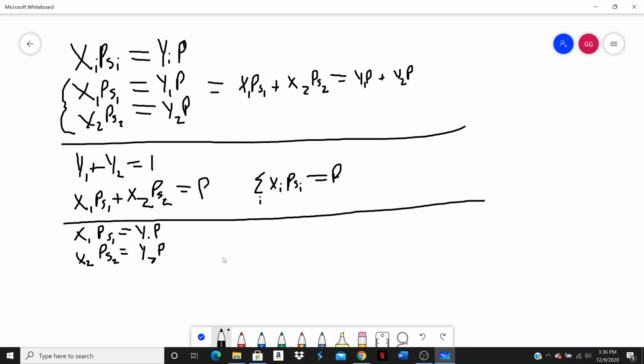And then if we solve these equations for the mole fractions in the liquid phase of components 1 and 2, we get x1 is equal to y1 times the pressure over the pressure of saturation for component 1, and x2 is equal to y2 times the pressure over the pressure of saturation for component 2.